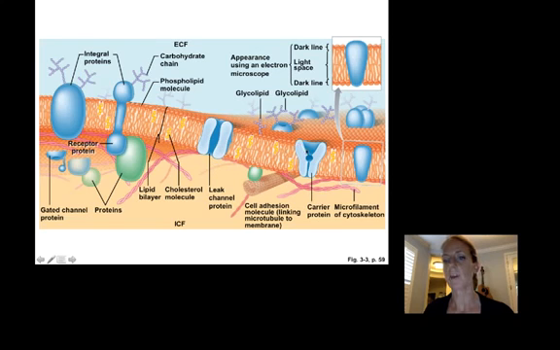Here's a carrier protein that also lets substances in, but it requires another molecule to bind first. Here's a receptor protein that has some signaling on the outside or inside that's going to interact with molecules outside or inside the membrane of the cell.